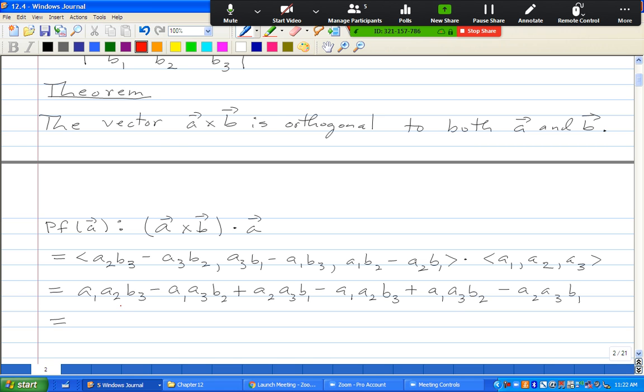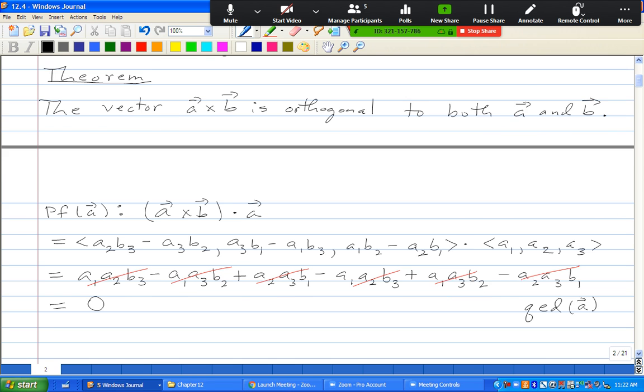A1 A2 B3 cancels, A1 A3 B2 cancels, A2 A3 B1 cancels. So you get 0. That's what I wanted to show, that A was orthogonal to the cross product.